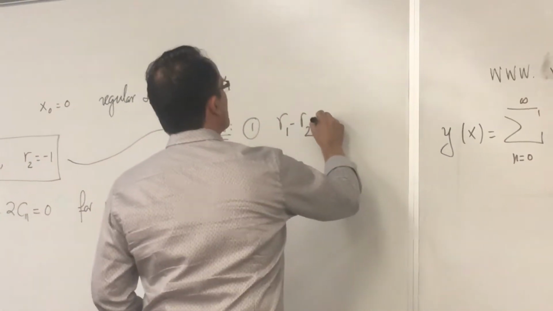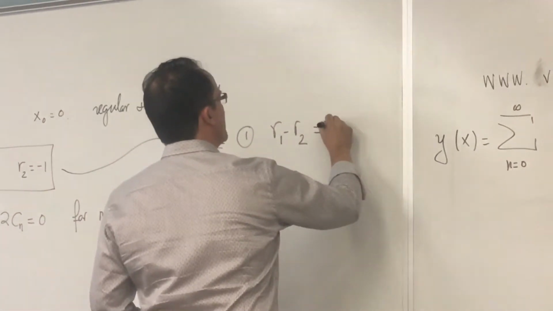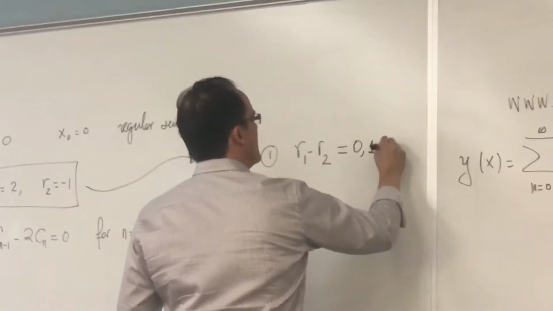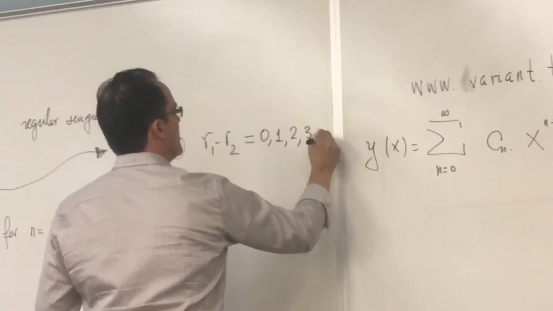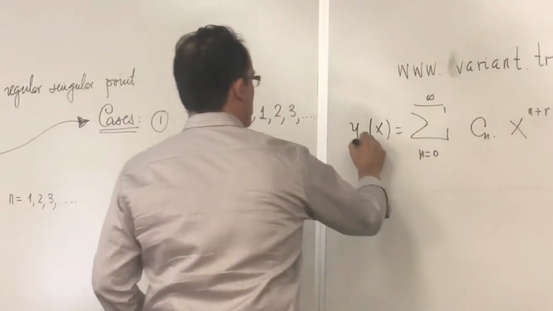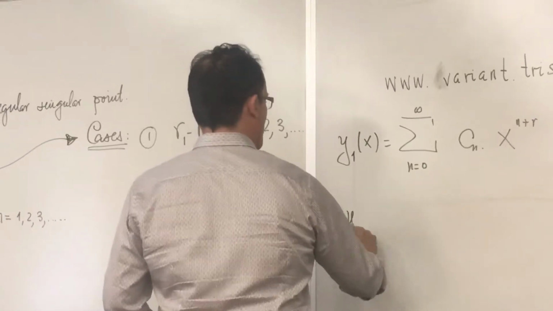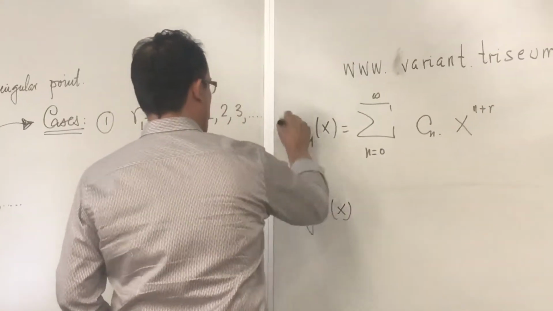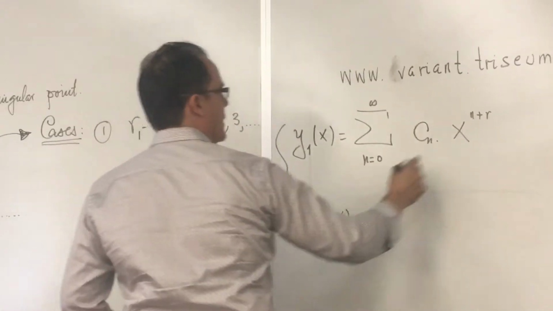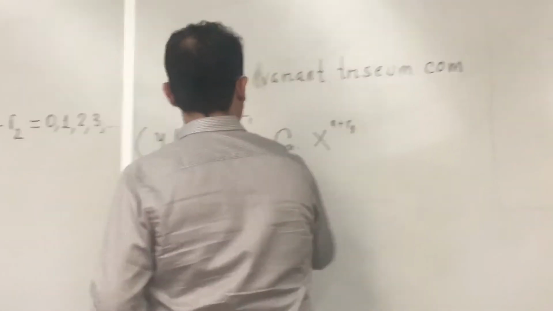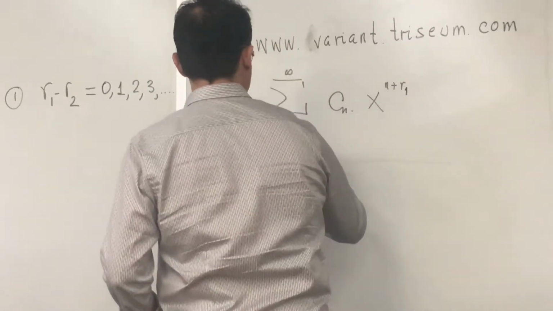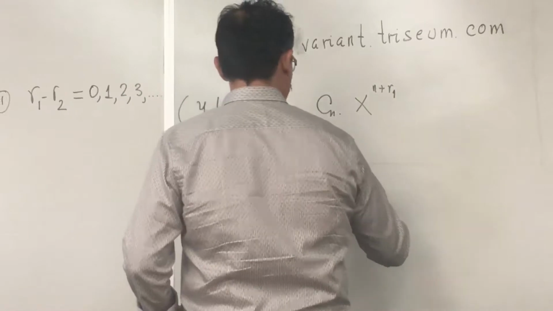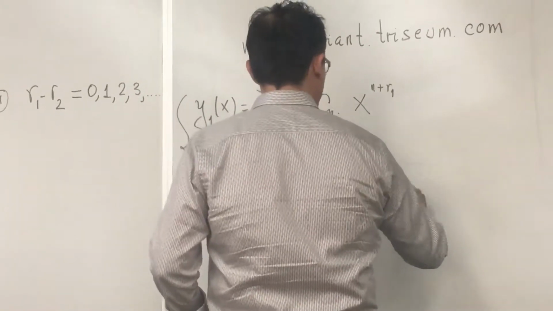If it is not a positive integer or 0, then you get two linearly independent solutions: the first one, and the second one, where you will find the other coefficients for the r2.